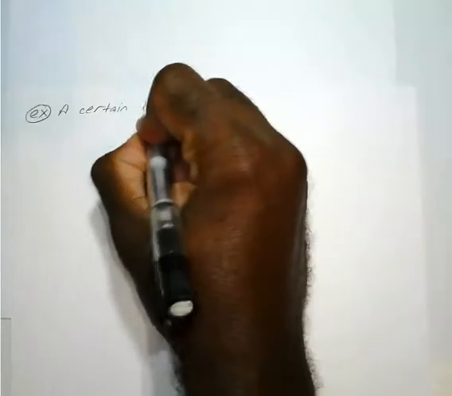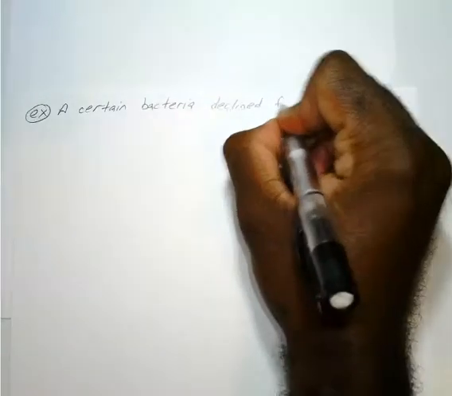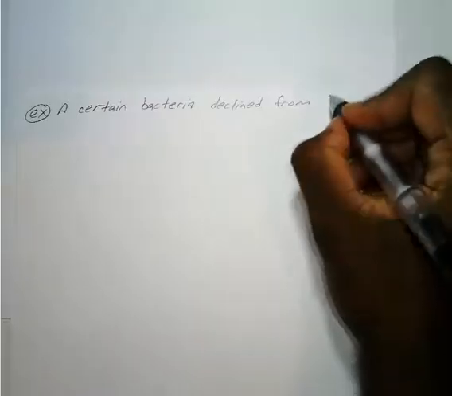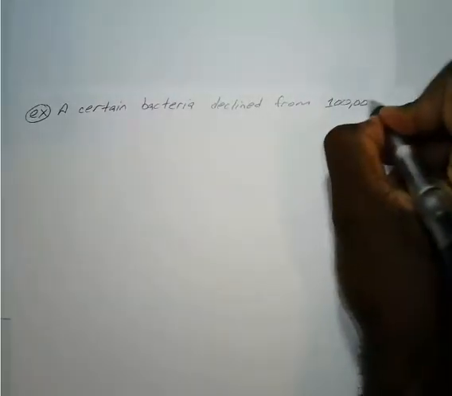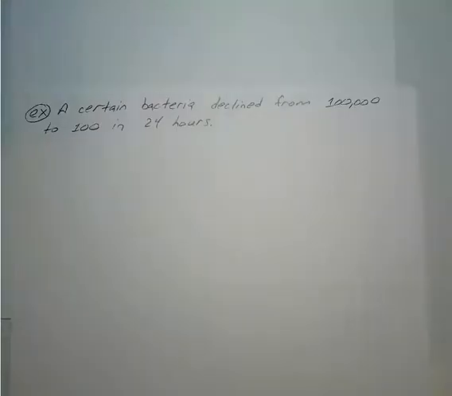So let's say, for example, you have a certain bacteria that declined from 100,000 to 100 in 24 hours. Over the course of 24 hours, you went from 100,000 of these bacteria to only 100.